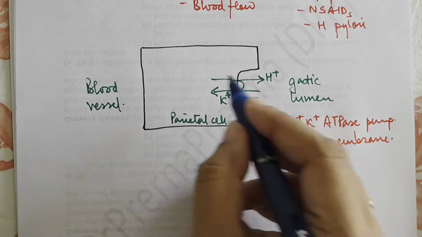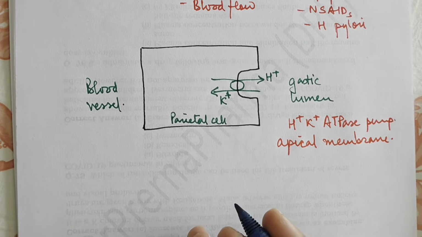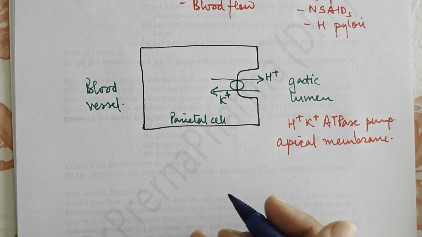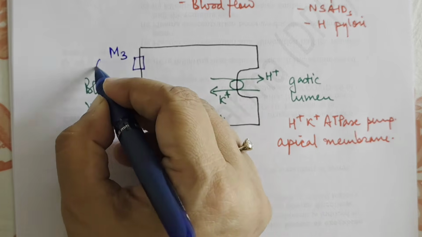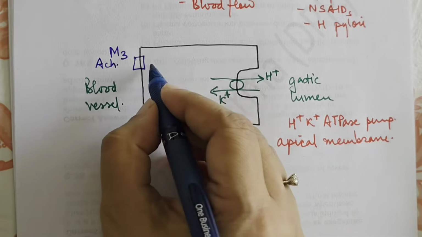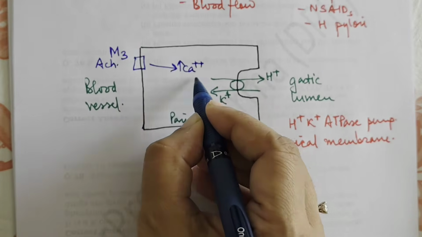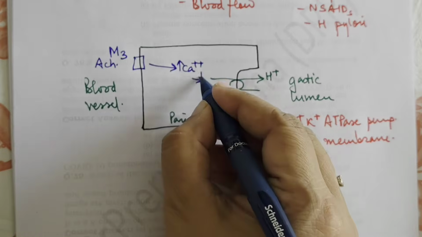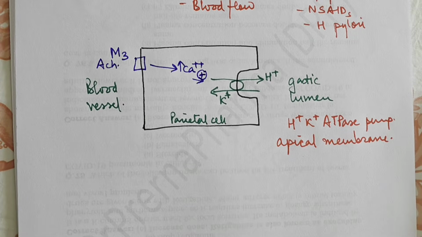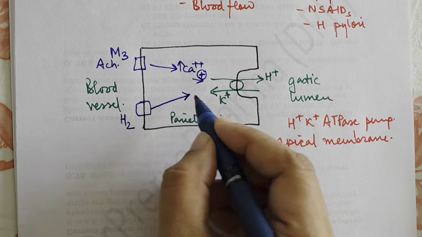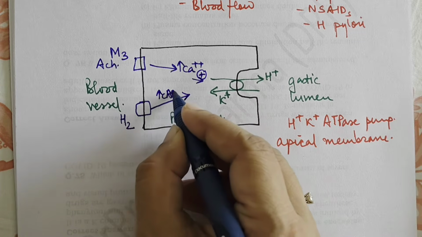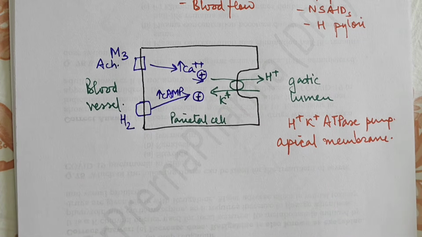Now, what are the various things which will stimulate the acid secretion, and how do we introduce the medicines against them? So there is something called the M3 acetylcholine receptor, right? This acetylcholine receptor increases cytosolic calcium and increases the acid secretion. So that is having a plus action, okay? Then we have the histamine H2 receptor. This also acts on this, it increases cyclic AMP and it also has a positive influence on the hydrogen potassium ATPase pump, okay?